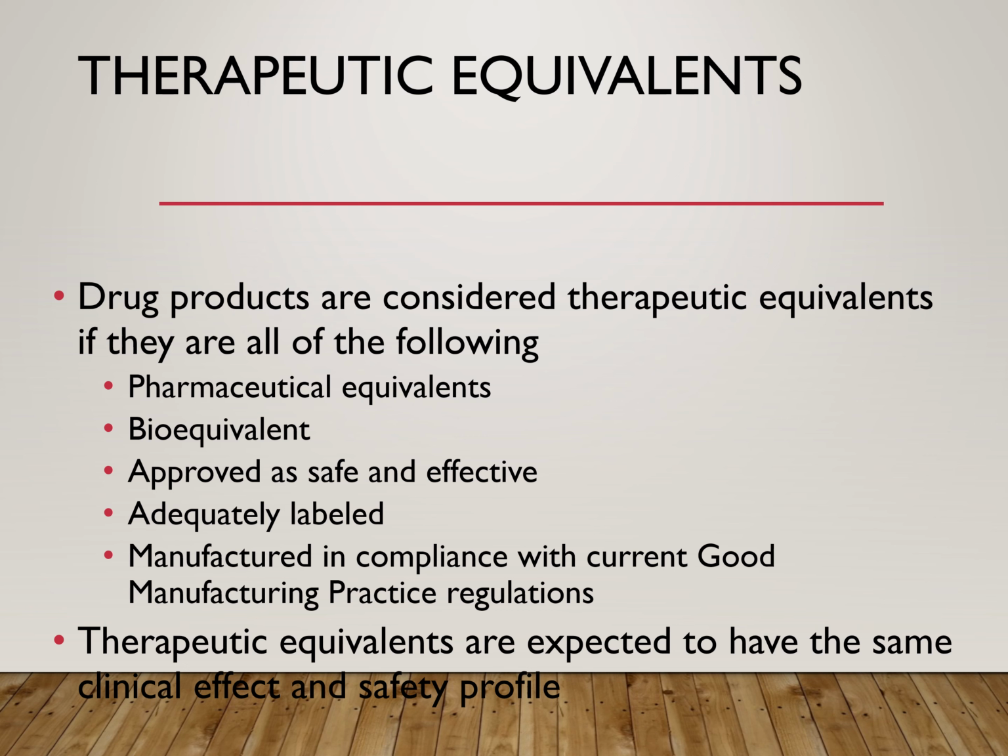The last point is that therapeutic equivalents are expected to have the same clinical effect and safety profile. As we have discussed, it should be approved by the respective bodies, and they should give a certified clinical effect and safety profile of the drug.